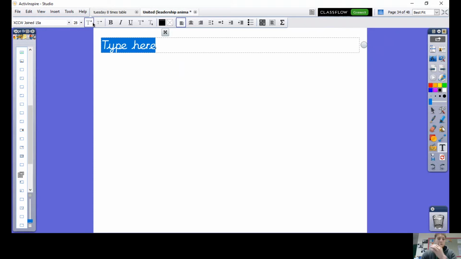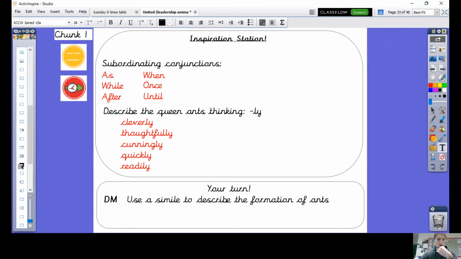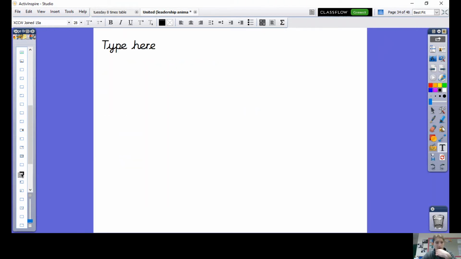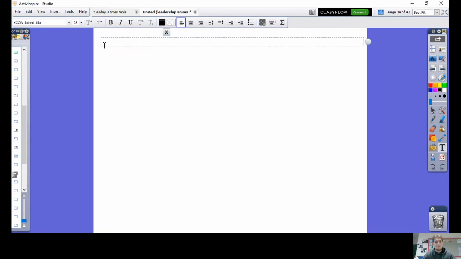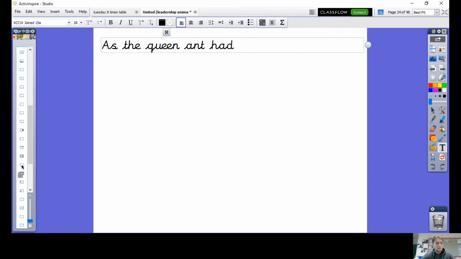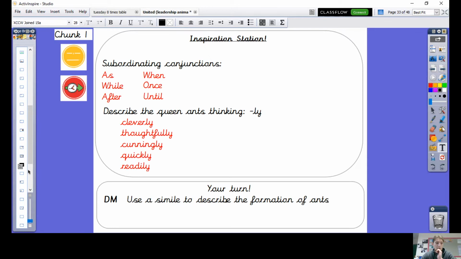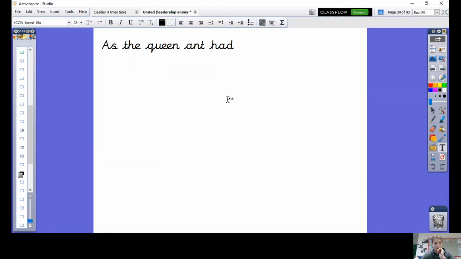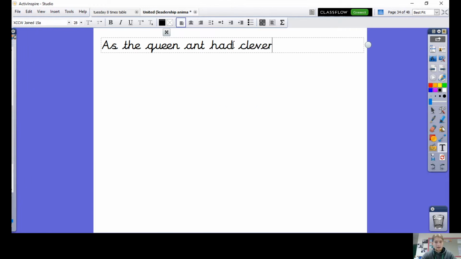So I'm going to start off with one of my subordinating conjunctions. Actually, I'm going to use as, because although it's quite simple, I feel like it'll work well in this sentence. So as the queen ant, sorry, not queen bee, the queen ant had, I'm going to use my adverb now, cleverly, had cleverly anticipated.